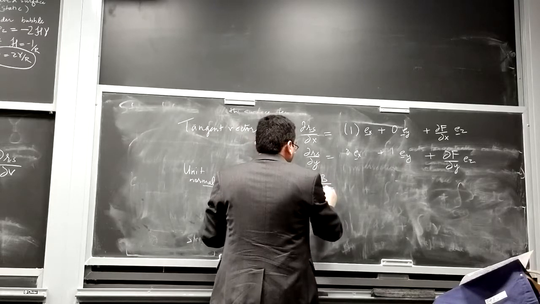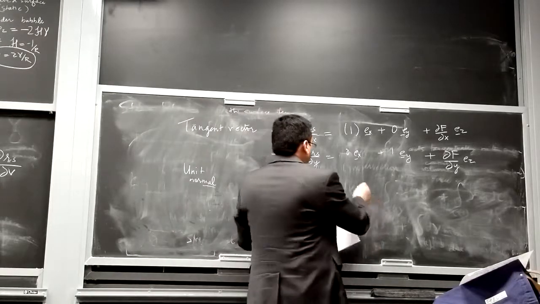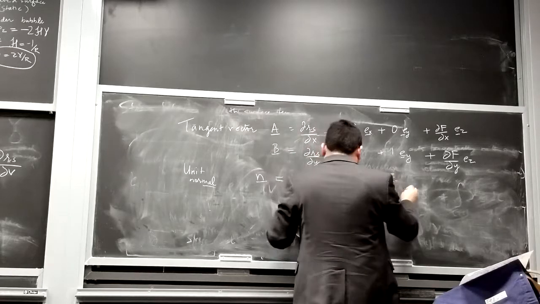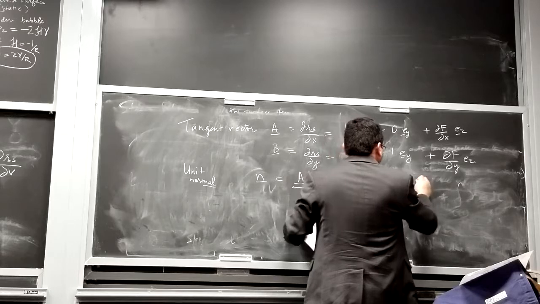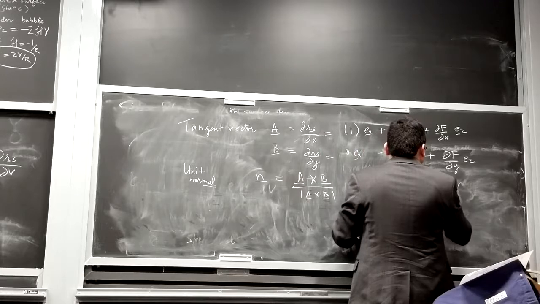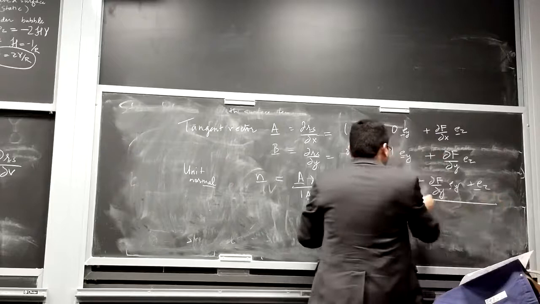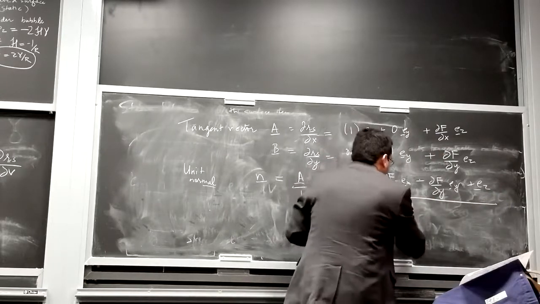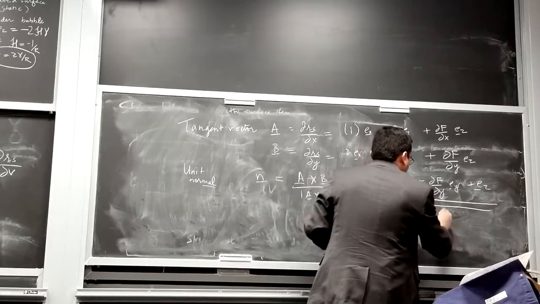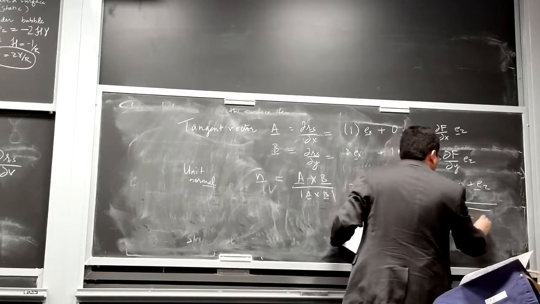If we take the cross product of these two, that will give us the surface normal, which turns out to be equal to minus df over dx ex minus df over dy ey plus ez, divided by its magnitude, that is, the square root of the square of the first term, plus the square of the second term, plus 1.